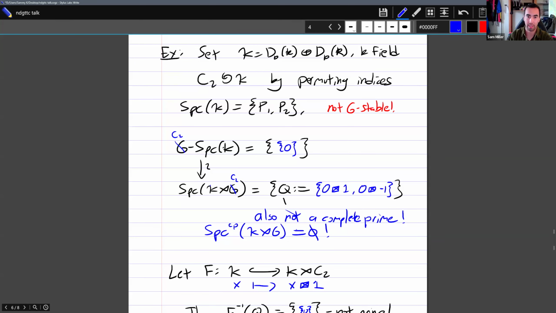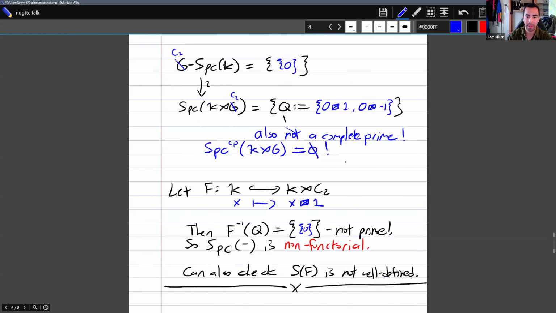So this will be 0, whole thing, 0. This thing is not prime. And so therefore, since the pullback F inverse of a prime is not a prime, at least with this way of formulating our functoriality, spec is non-functorial.